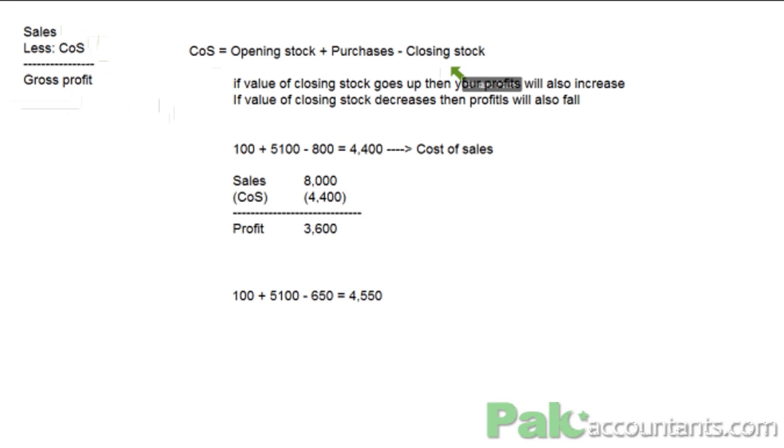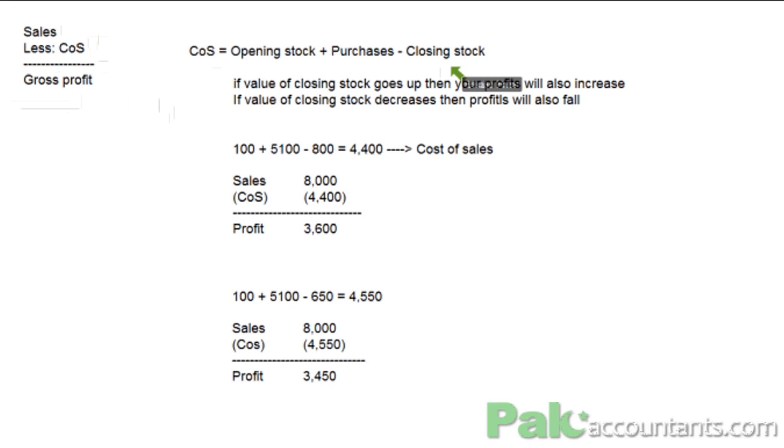If you now deduct it from the same 8,000 of sales, we deduct cost of sales, that's why it is in brackets, you can see that your profit has reduced by 150, which is 3,450.